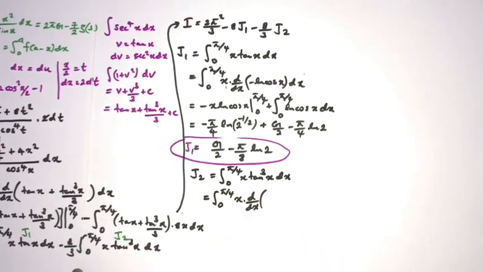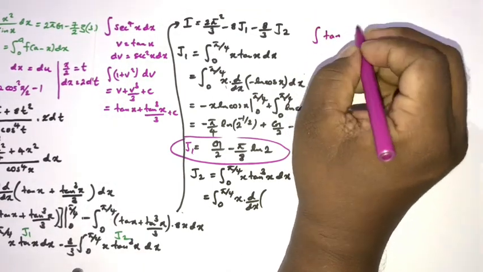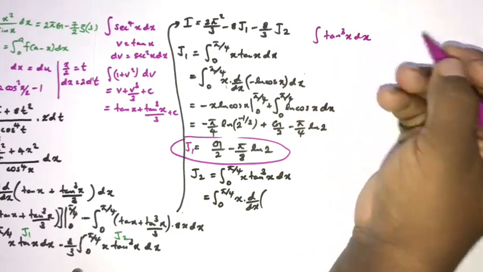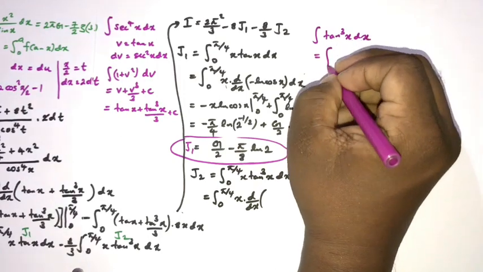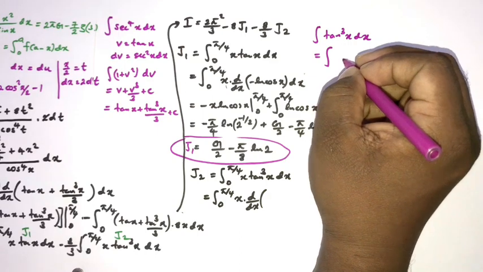So let's evaluate the integral of tan cube of x dx. Now we can write this as sine cubed of x over cosine cubed of x.